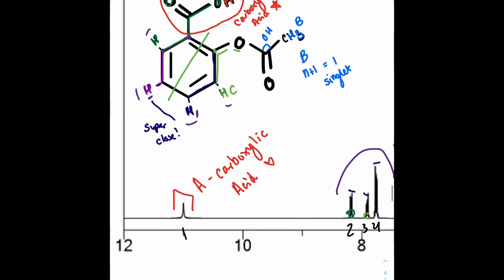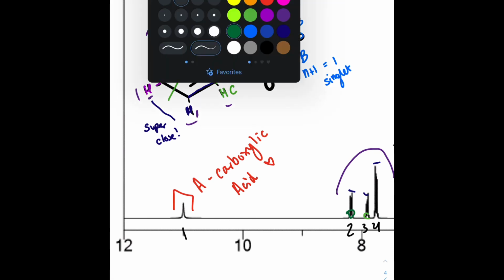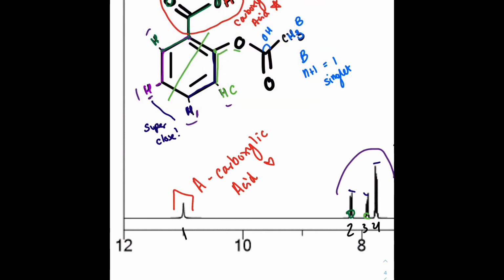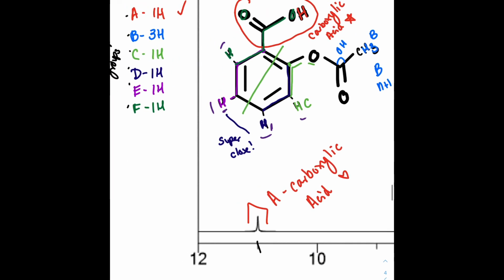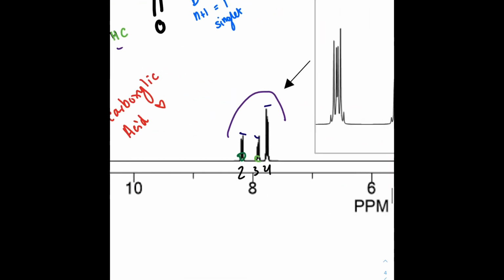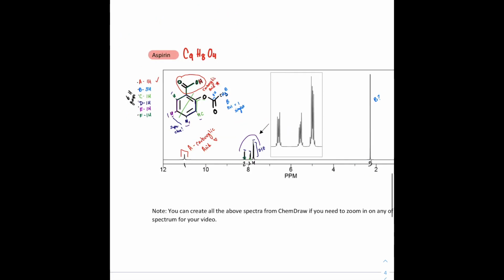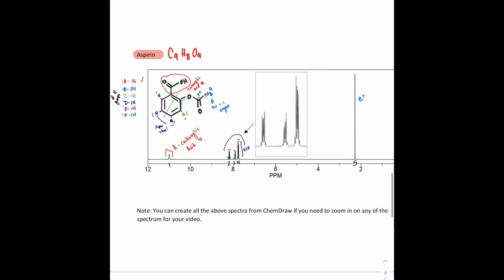So we know that the 2 groups that are overlapping, our D and E, is going to be this giant tall peak. And then we have all of our groups tentatively assigned to different peaks, but now we're going to dive a little bit further into it.